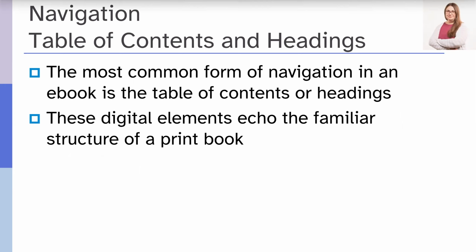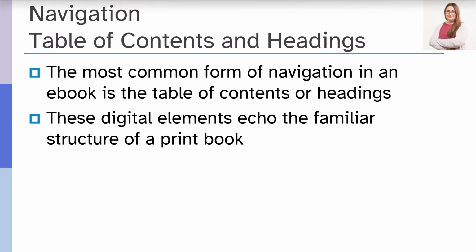Headings tend to go to a lower level than the table of contents. So you have not just the name of the chapter, but also all of the subheads within the chapter that you can navigate in order to find the specific information that you're looking for. A little bit less common when you're looking in a fictional narrative, much more common when you're thinking about reference books or textbooks.